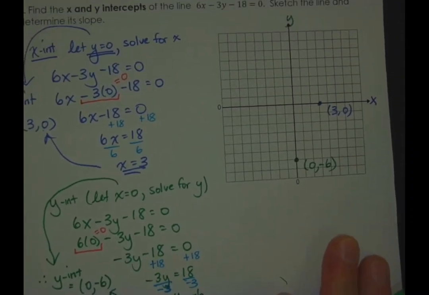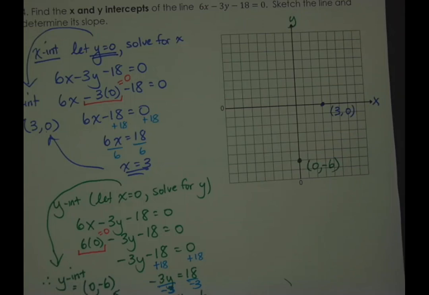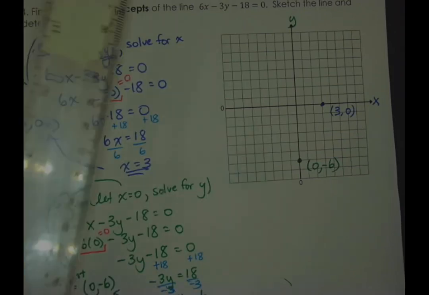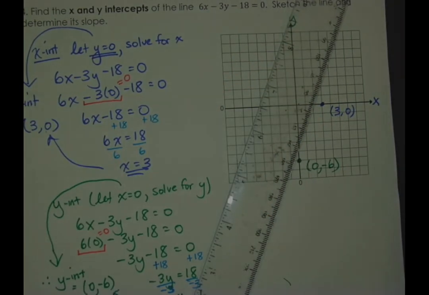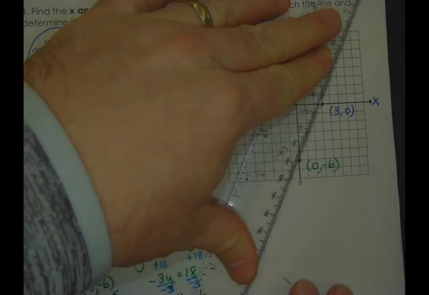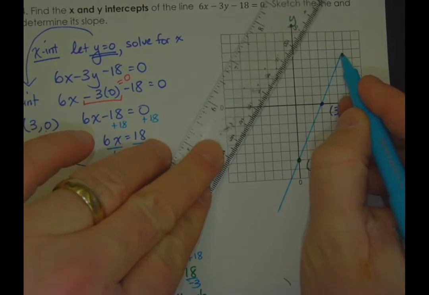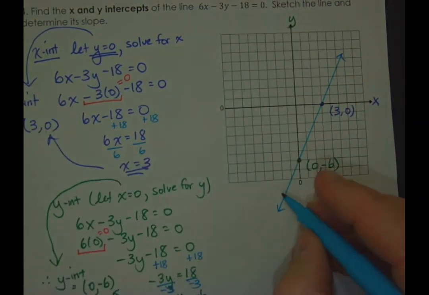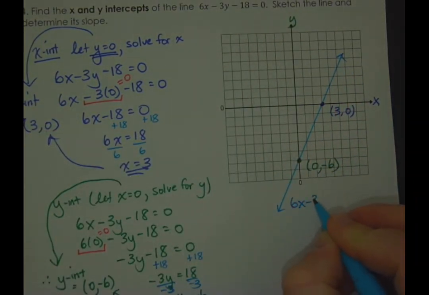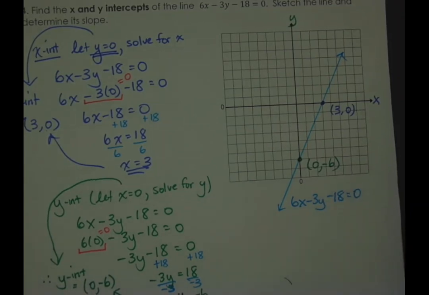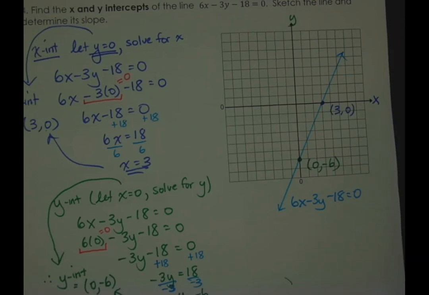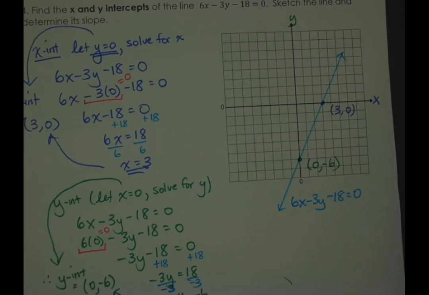So you look at that and say, well, that's a little bit of math, but it still gets us the answer. Well, when we graph lines, we need 2 points, and we have 2 points. So this line is 6x minus 3y minus 18 equals 0, and I can find any point on there that satisfies that condition.